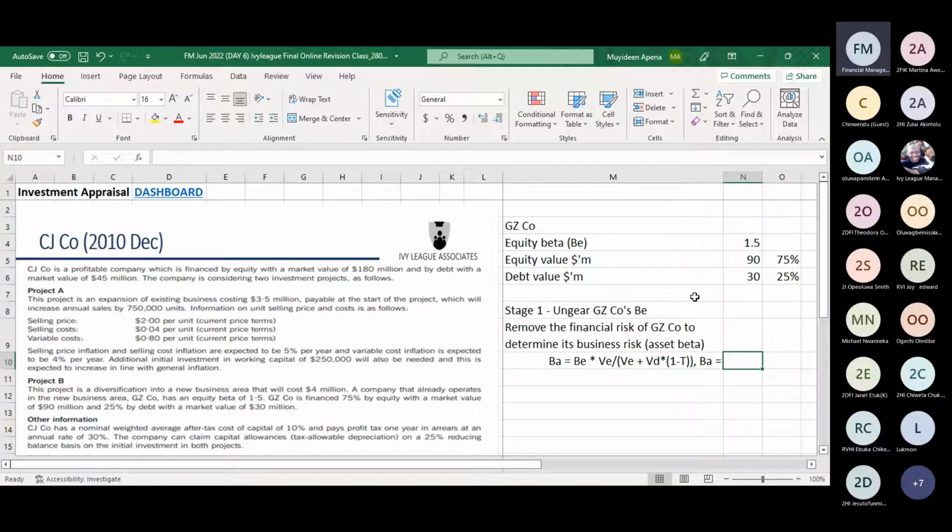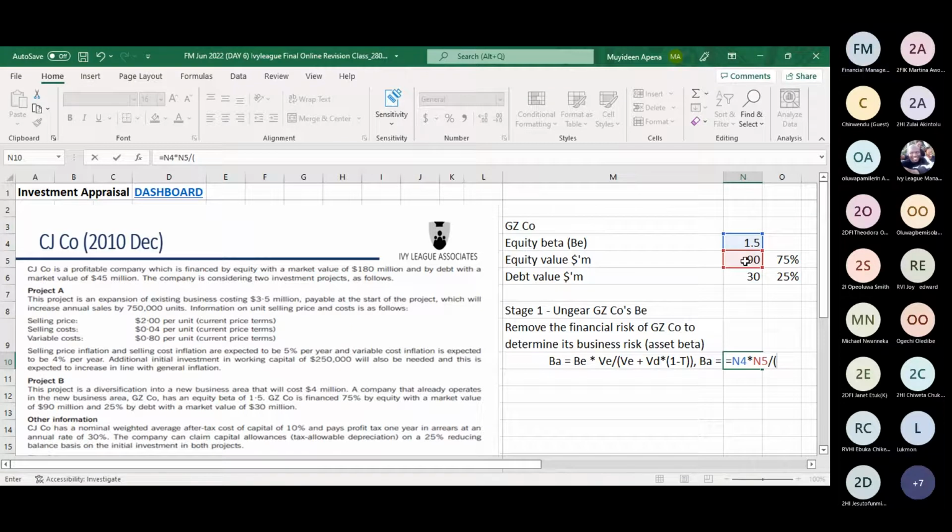So BA equals what? So let's apply it. BA equals, this is the BE, multiplied by VD. So you could use percentage, you could use value, no problem. So 90 million divided by bracket open, 90 million plus 30 million times 1 minus tax. Do we have tax rate here?